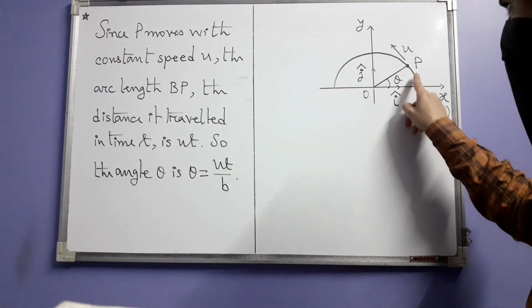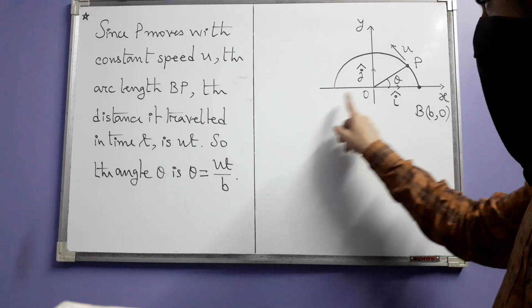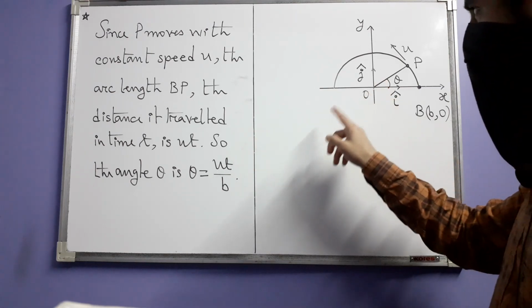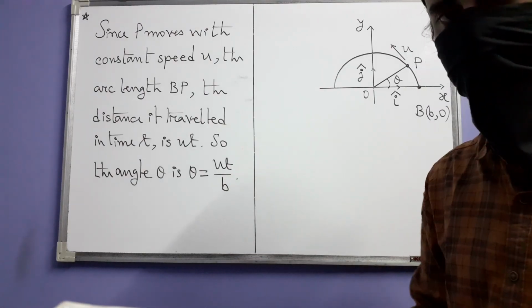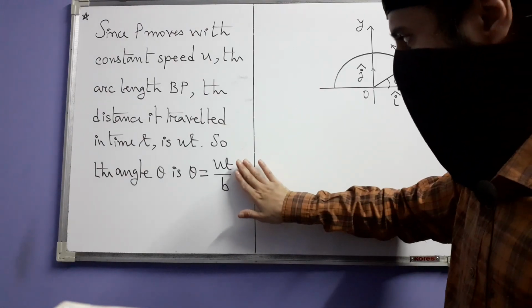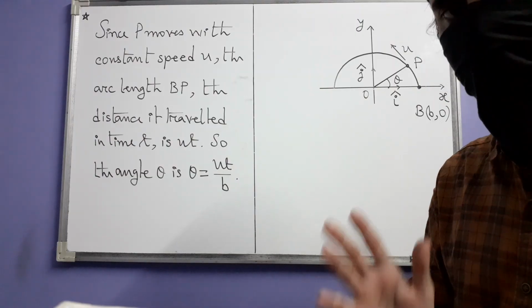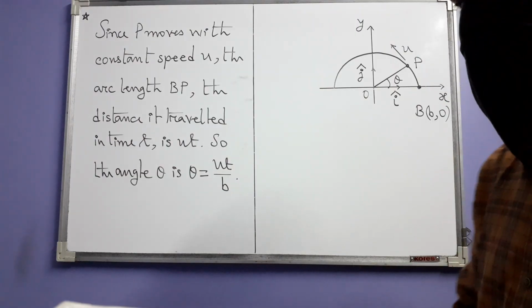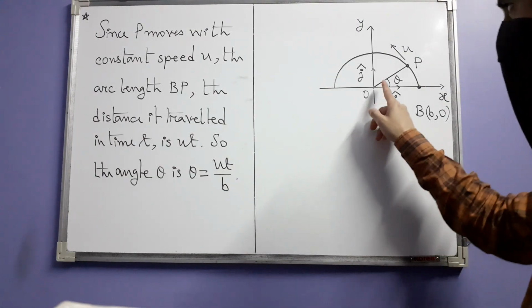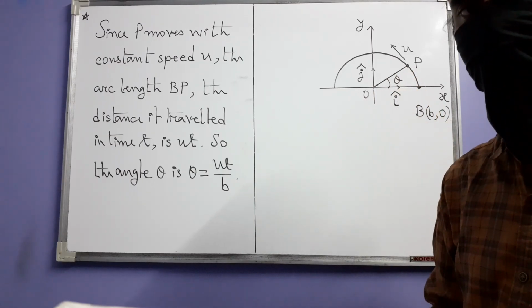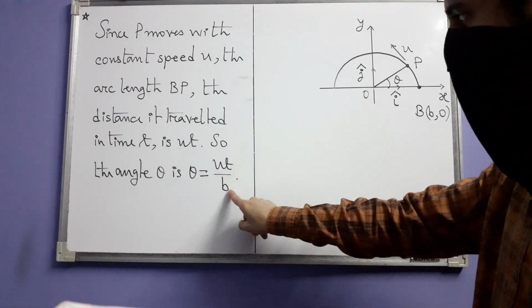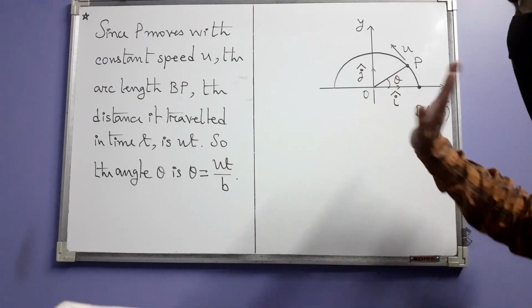But because this arc length BP is ut, this angle theta subtended at the center will then be ut divided by b. Why? This is the angle in radian measure, and by definition the radian measure of this angle is this arc length divided by the radius of that circle. That's why, and the radius is b. So now we know this theta.